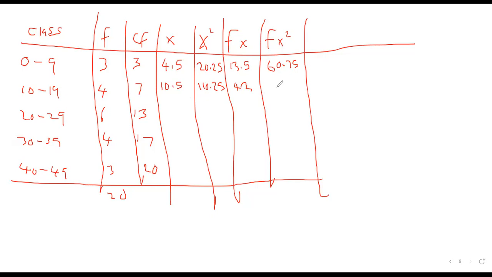And then fx squared, we square the 14.5, which is 210.25, and multiply it by 4, the frequency. 210.25 times 4, we get 841. All right.